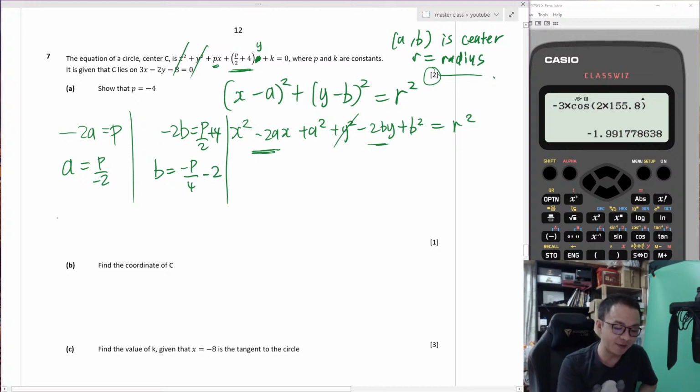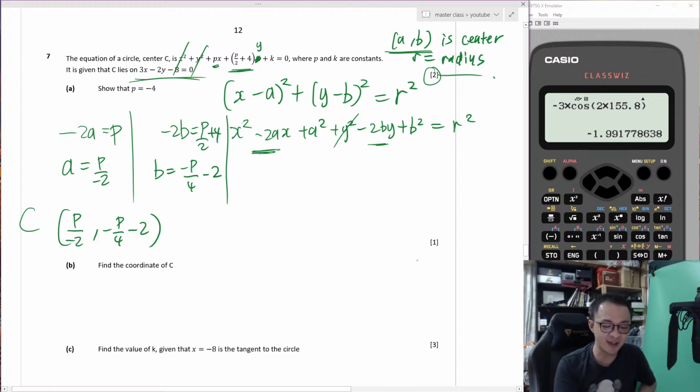Okay, so therefore a and b is the center, isn't it? So therefore I have a coordinate like this: negative p over 4 minus 2. Because this is the center, or I can call it center C. This coordinate is actually passing through this line. So I will just sub into that line. 3x, minus 2y.